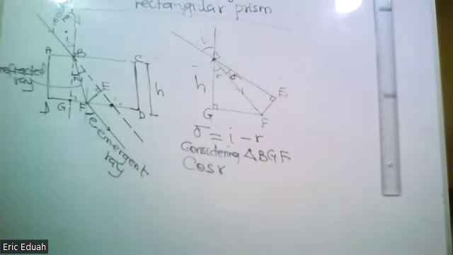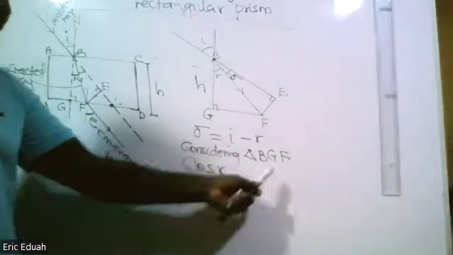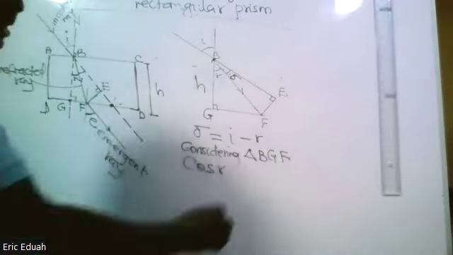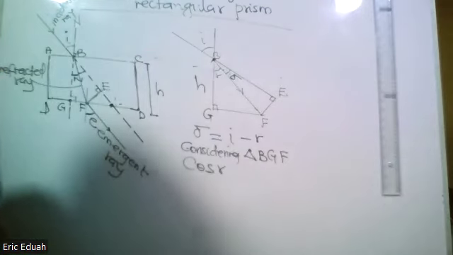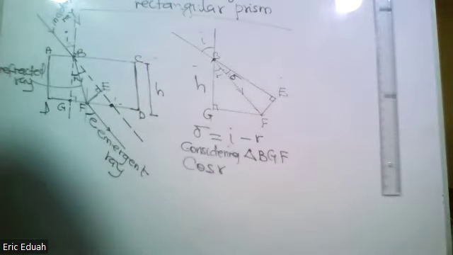Somebody help me determine cos R from triangle BGF. What will be cos R from triangle BGF?